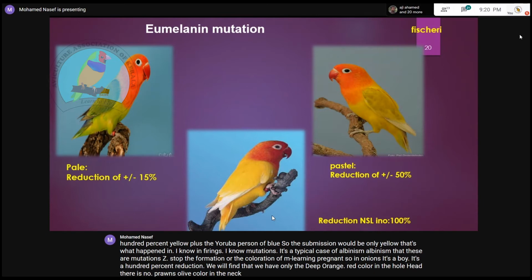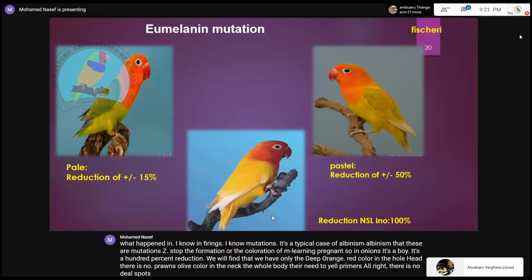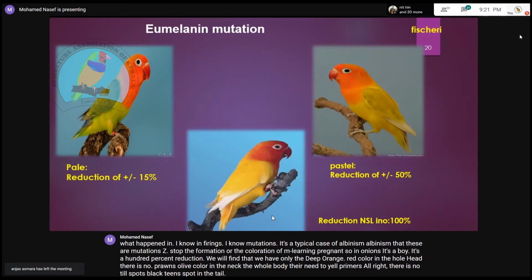The whole body turned to yellow. Primaries are white. There are no black tail spots in the tail. Skin is pink. Legs pink. Nails like a horn color.